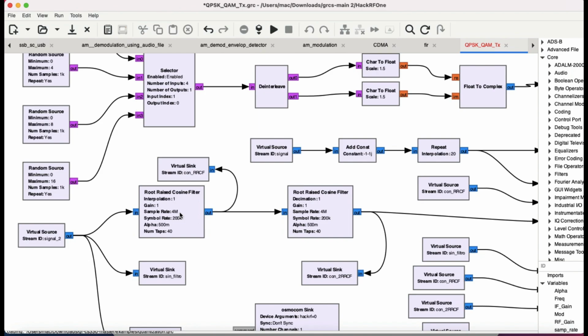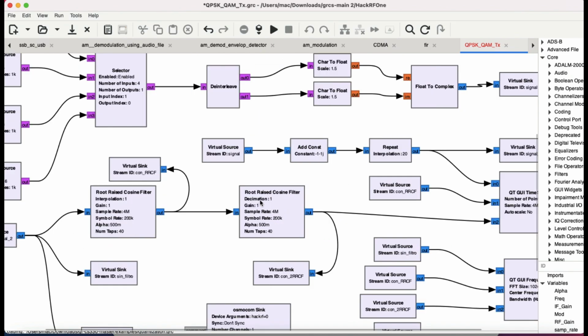This also lets my signal stay within the Nyquist limit, the band limit. So basically up till here, this is your transmitted signal. Now on the receiving side, you have to have a root raised cosine filter. So this is the receive part of your signal, which is also using a root raised cosine filter.